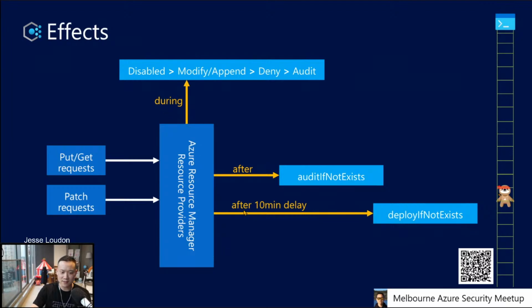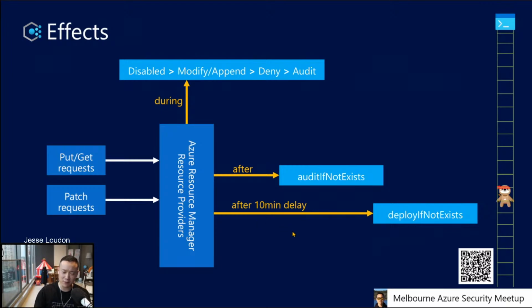And then there's deploy if not exist. So if you were, say, deploying a metric alert to a load balancer, for instance, by default, that's a 10-minute delay on the deploy if not exist effect being evaluated and actioned on your resource. There is a way to actually reduce that.